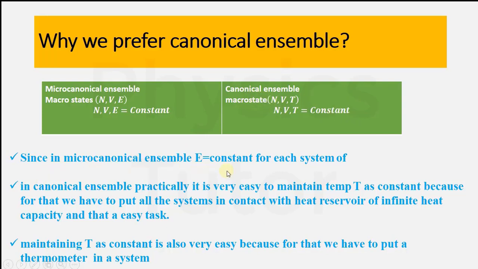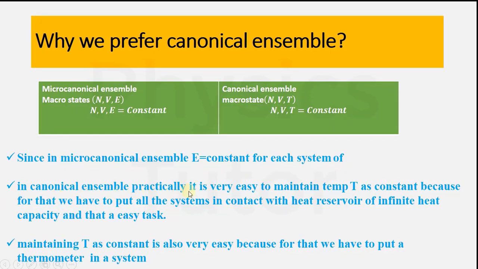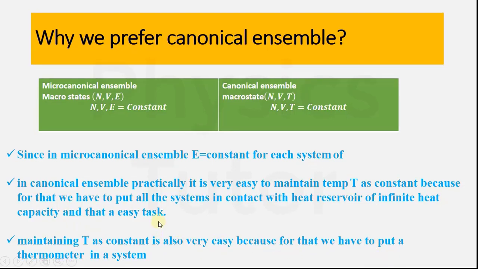Since in the microcanonical ensemble energy is constant for each system, in the canonical ensemble it is very easy to maintain temperature as constant, because for that we put the system in contact with a heat reservoir of infinite heat capacity, and that is an easy task. And third, maintaining temperature as constant is also very easy, because for that we have to put a thermometer in the system. All these properties we have already studied in detail for the microcanonical and canonical ensembles.